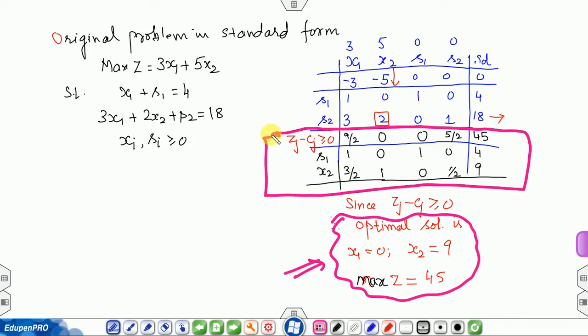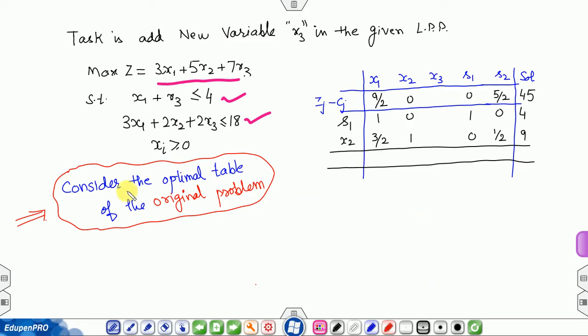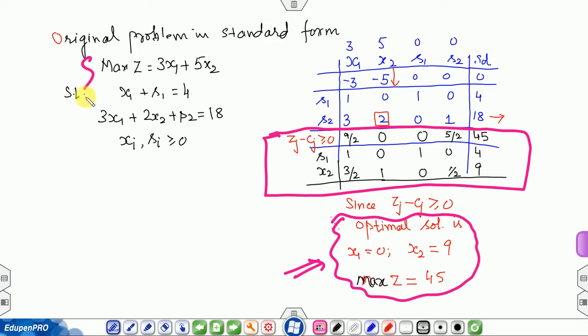Consider the optimal table of the original problem. Remember, this is the original problem, not the optimal table of the new one. So this is the optimal table: 9 by 2, 1, 3 by 2, with S1 and x2 as basic variables.